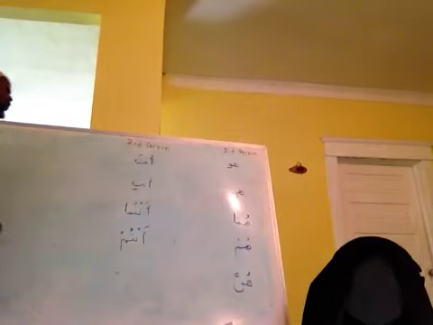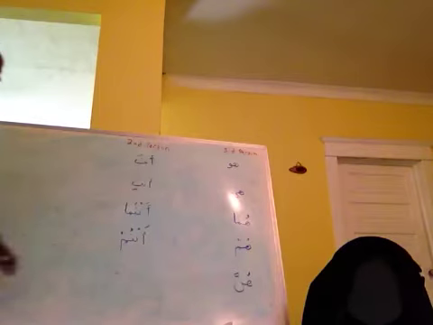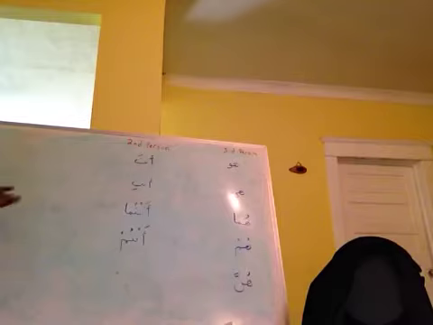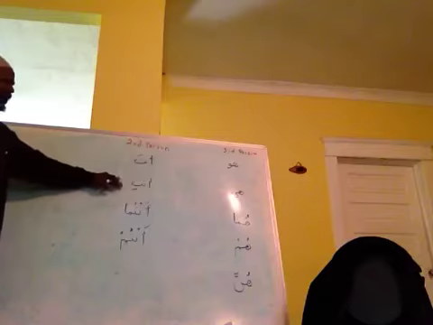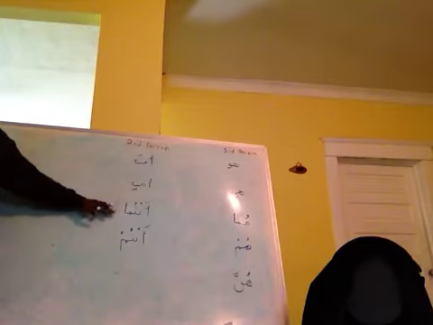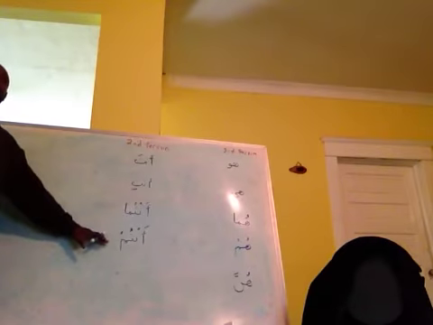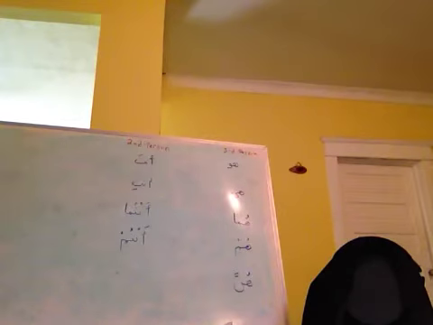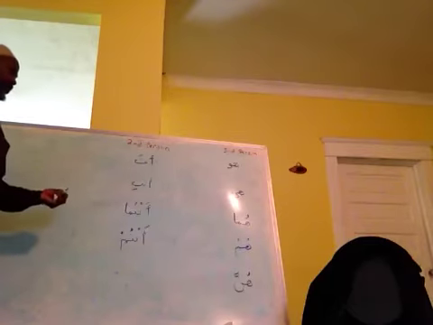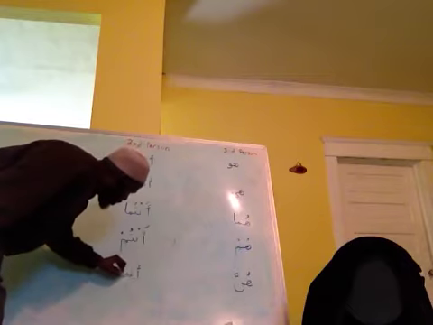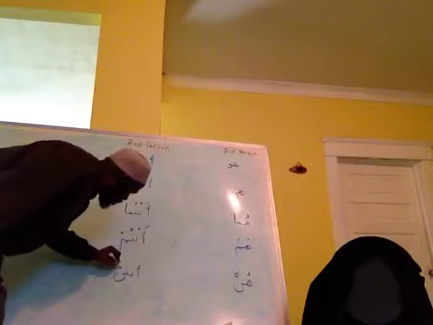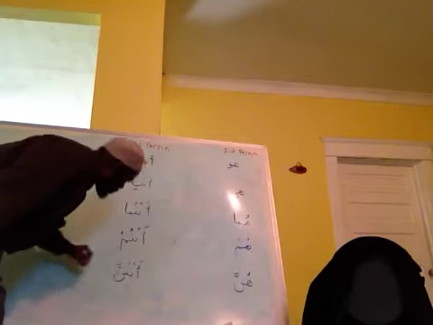So we have anta, anti, antuma, which is the dual, and antum is the plural. And then, to round that out, the feminine plural, we would say antunna.